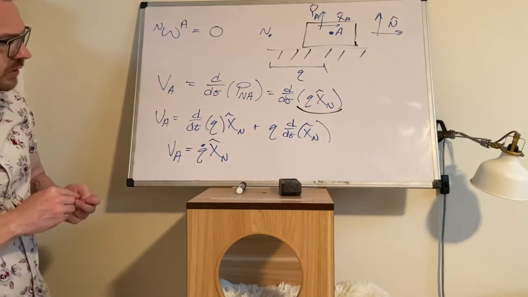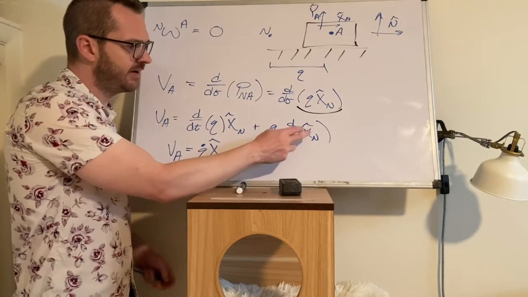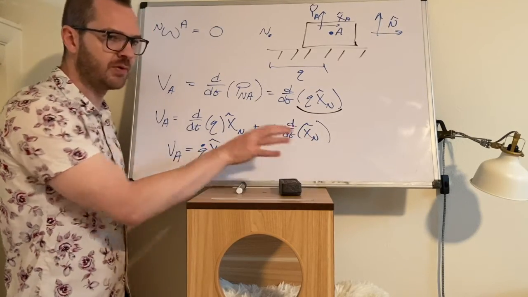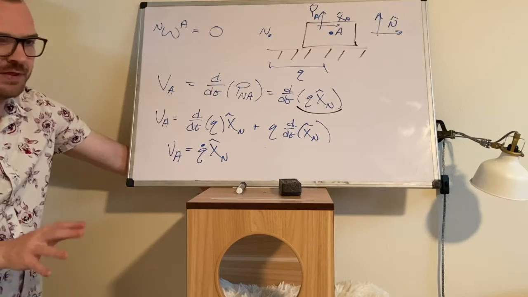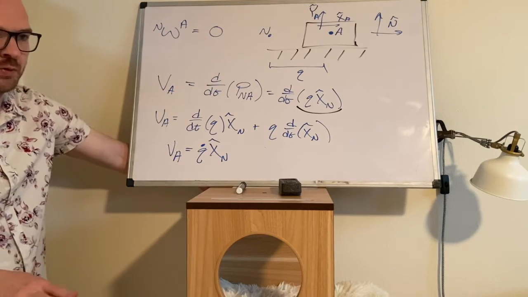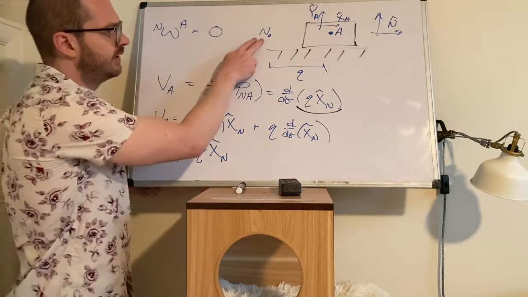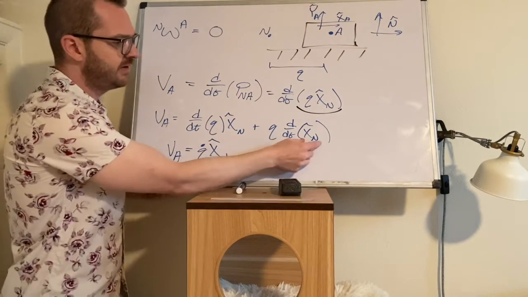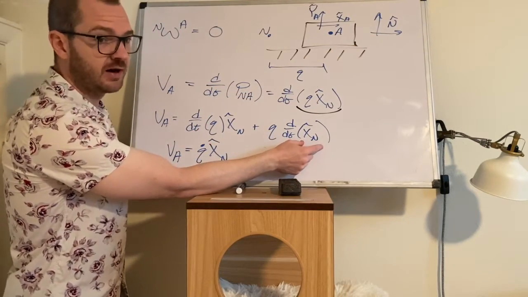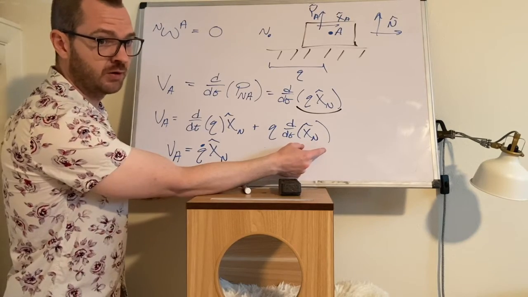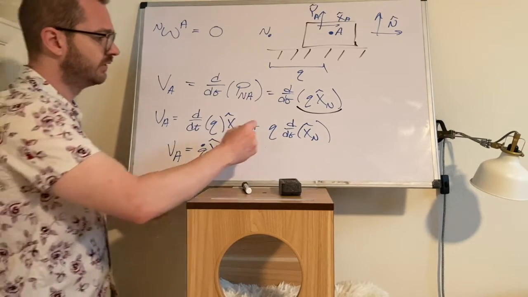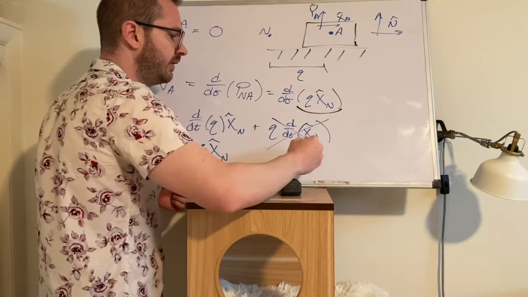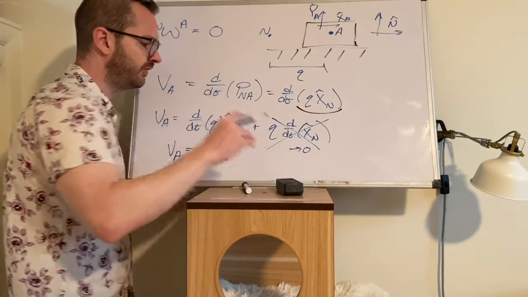Well, currently we're taking d/dt of X hat N. And if you remember, the whole idea of the N frame is that it doesn't move. Just like the point N, frame N does not move, it doesn't rotate. So X hat N is a constant, so d/dt of X hat N is 0. So this term is 0.